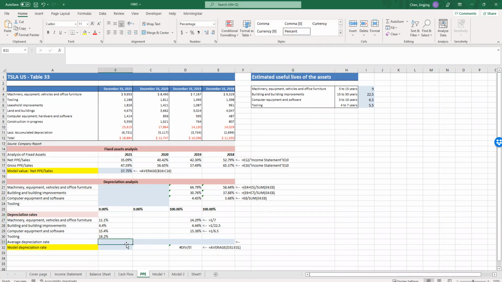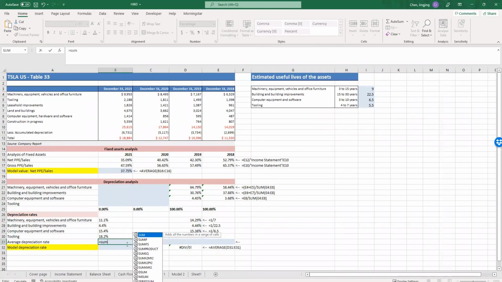Then we want to take the average depreciation rate. So that will be the sum product, so weighted average of here and here.